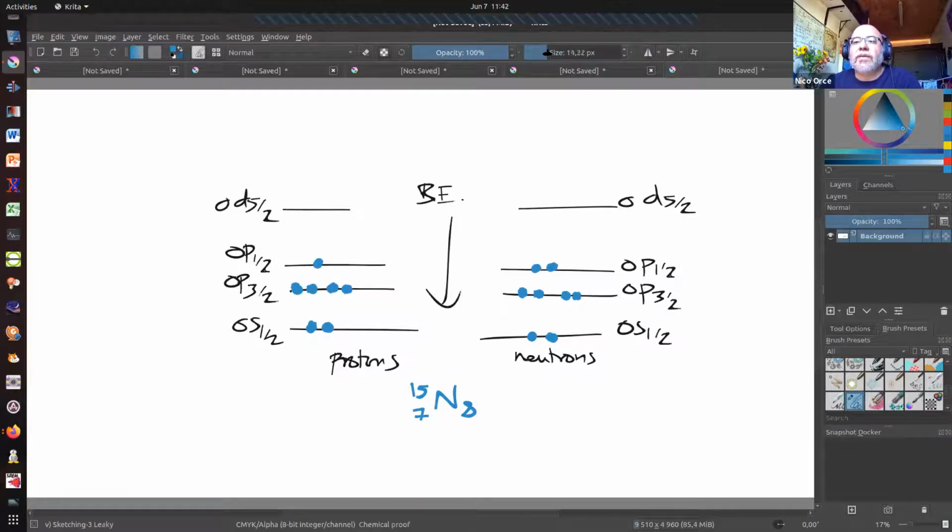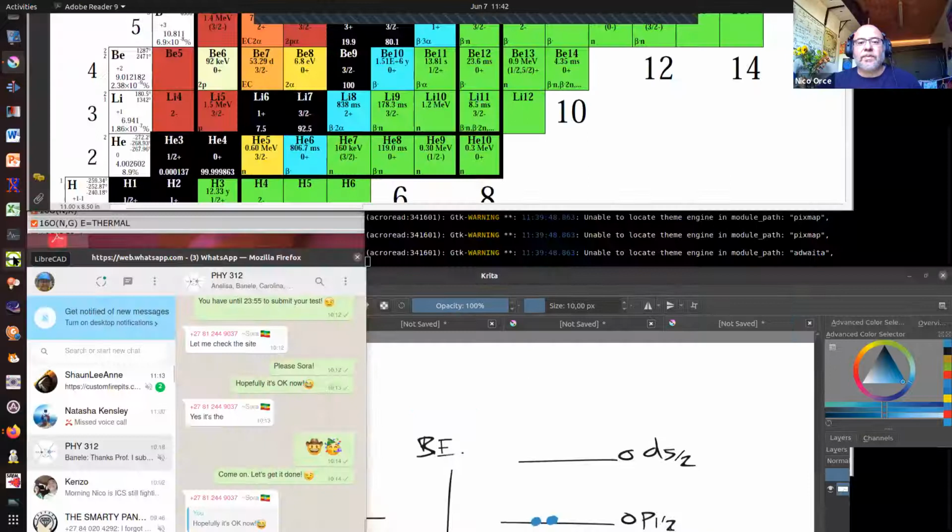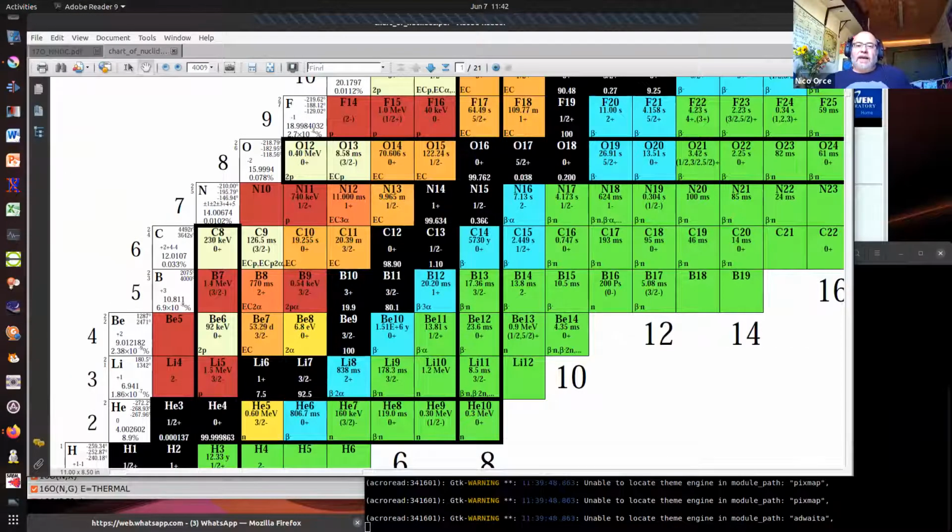Then, as we have mentioned before, this 7th is the only odd particle. The J is 1/2 and P is 1, so that will give us a 1/2 minus, which is what we see in nitrogen 15, right?